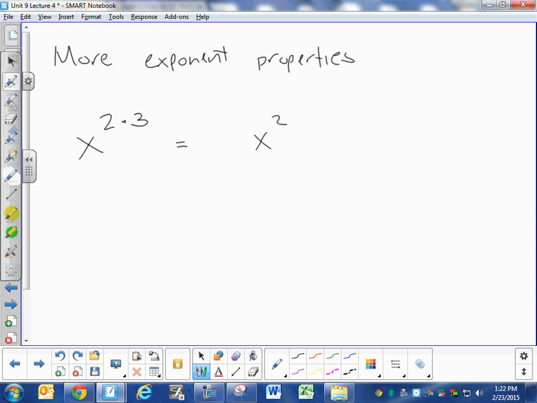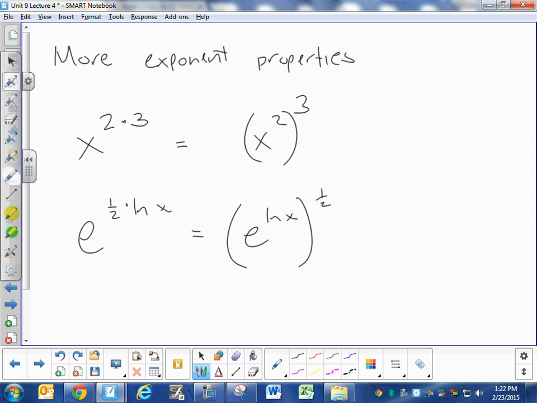Exactly. A power to a power. Well, if I have e to the 1/2 log x, or log of something, I can rewrite this as e to the log x to the 1/2. Aha! Now I can cancel the e and the log to give me that this is just the square root of x.